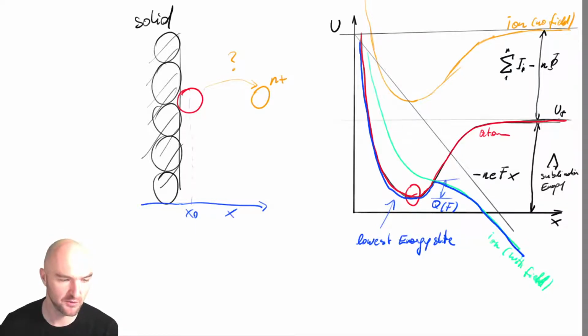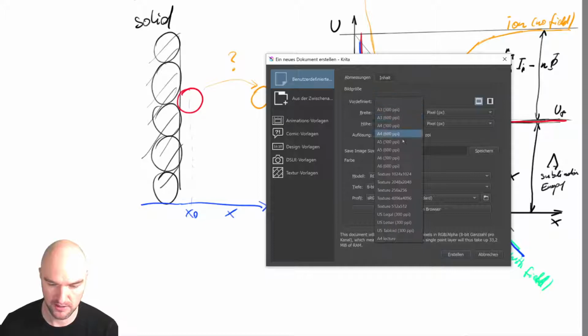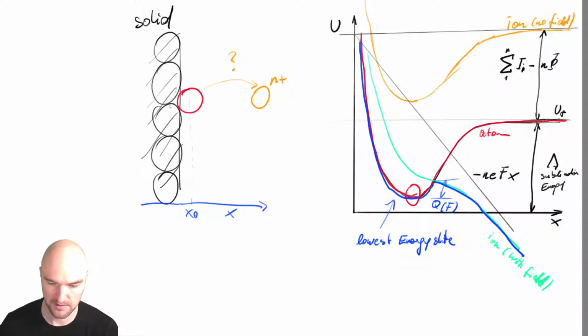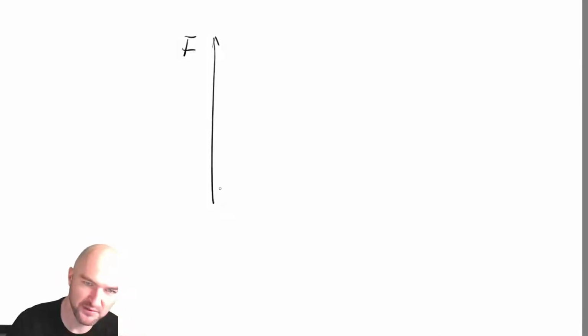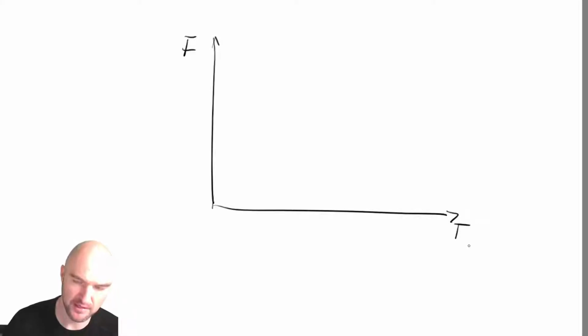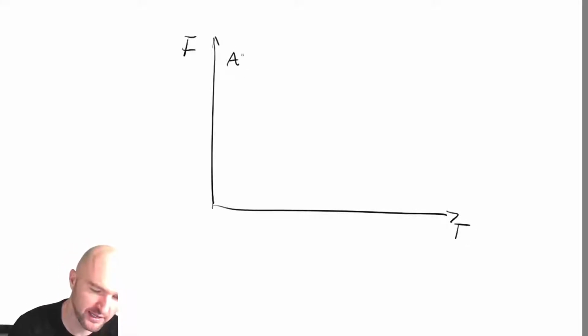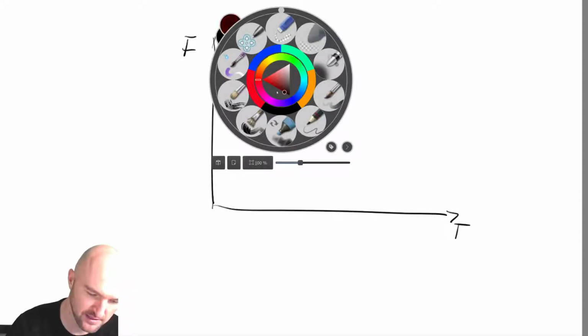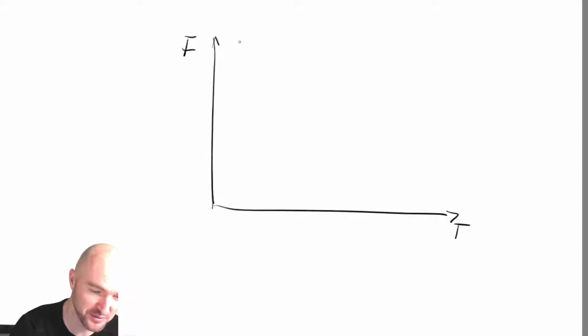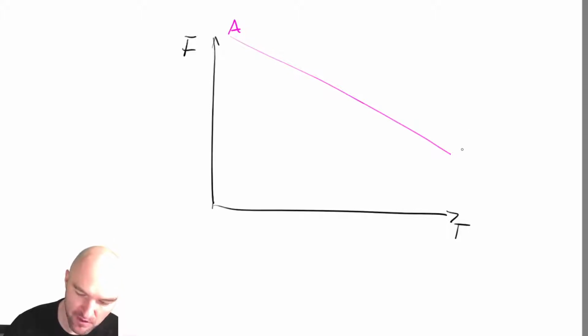We are going to need a new sheet. So if we go field F versus temperature T, let's do it in color, and always excuse my choice of color. For our atom A, at this field we might get 1 ion per pulse.